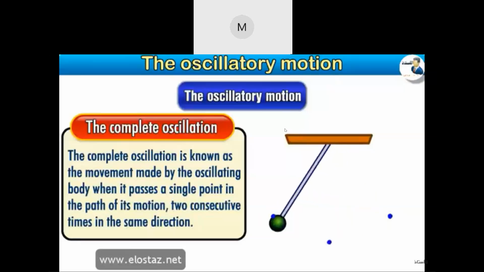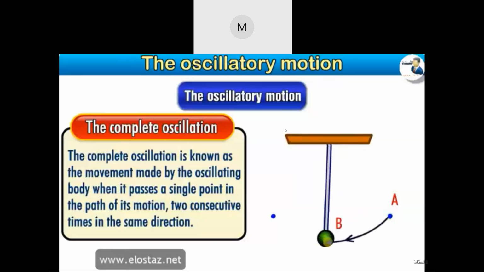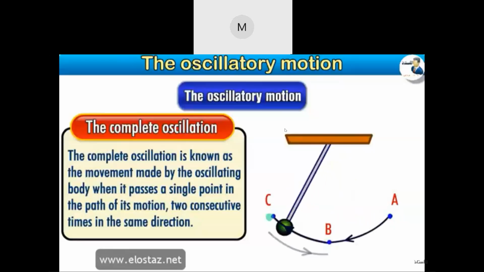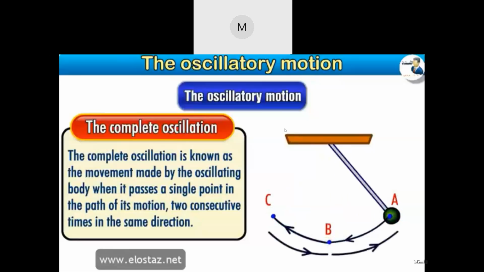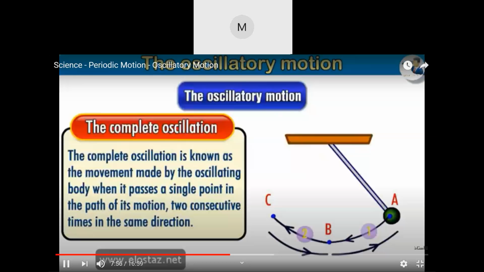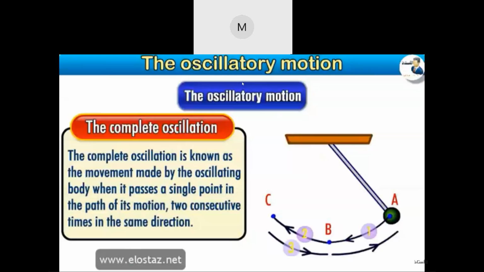What does that mean? Let's look at the pendulum once again. When we pull the pendulum towards the right, then set it free, it passes through point B, then to point C, then again to point B, and finally to A again. So we can say that the pendulum moves from A to B, then from B to C, then from C to B, and finally from B to A again.